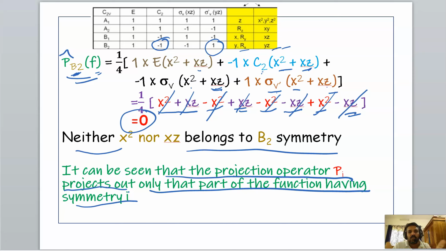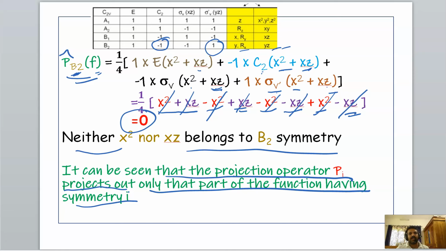We project the wave function through our character table. Then we get the result, functions having the symmetry characteristics of the particular representations. It's a very easy mathematical tool to find out the symmetry adapted linear combination.